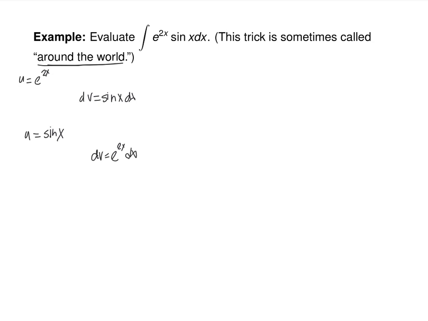In the instance of the second choice, you're going to have v is 1/2 e to the 2x, where the first choice you're going to have that du is 2 e to the 2x dx. Now, in my experience, working with whole numbers is easier than working with fractions. So in this case, it's probably better to let u equal e to the 2x.